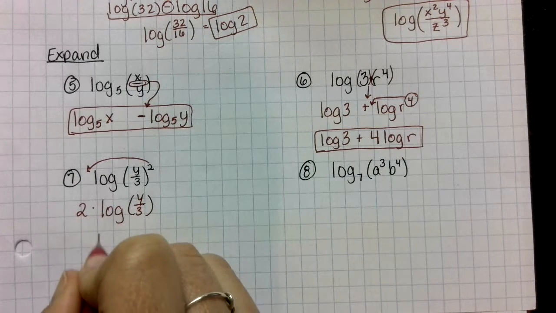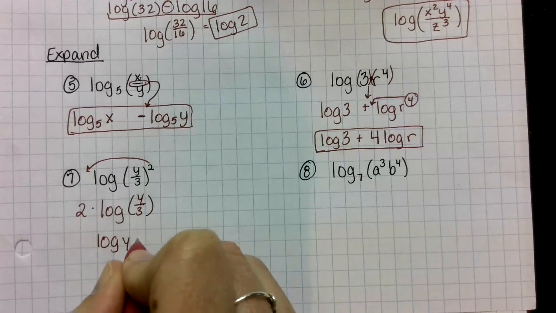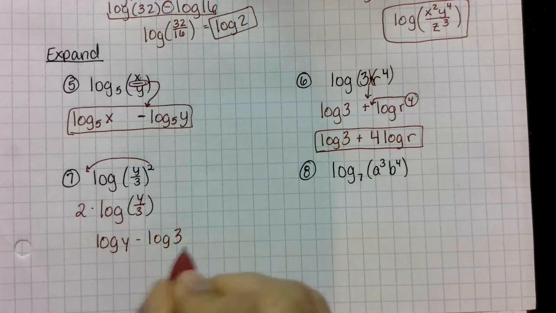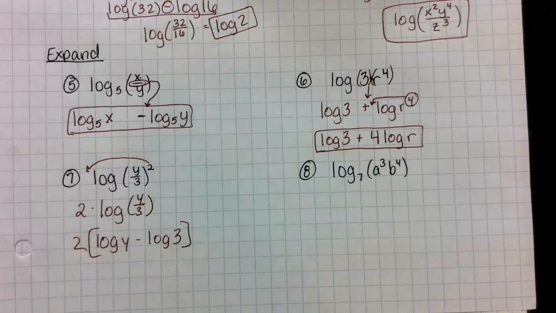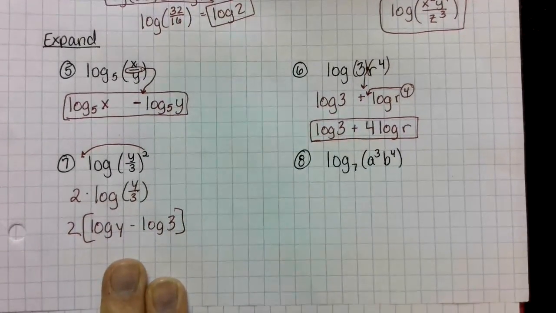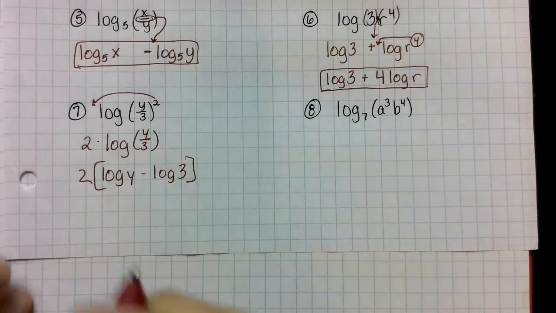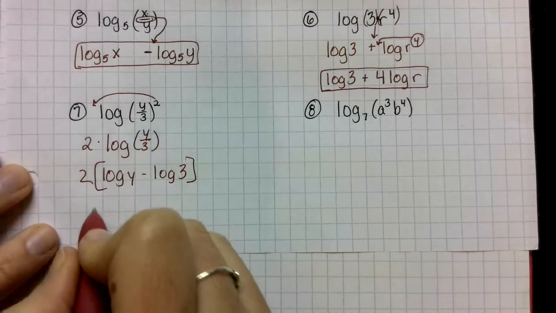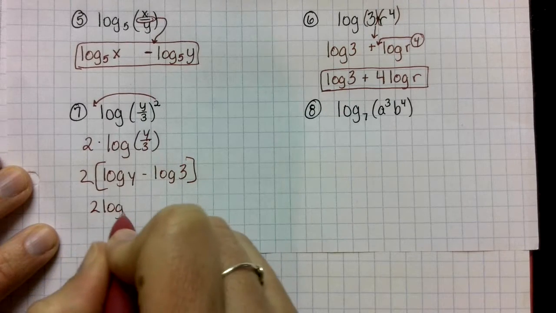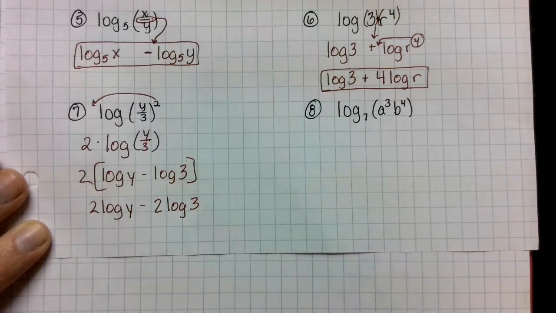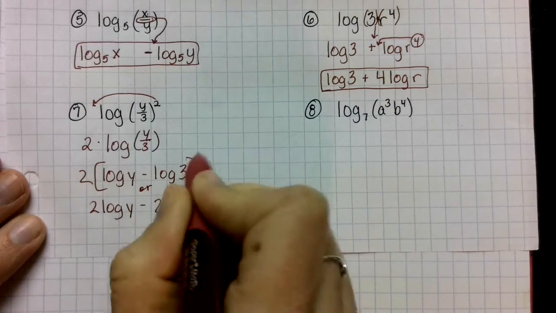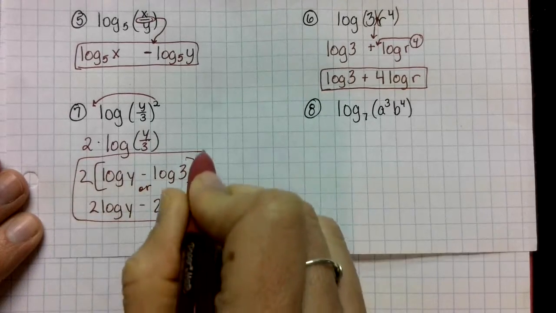Now, division tells me I'm going to subtract, so I'm going to have log of y minus log of 3. And remember, the 2 is being multiplied by the whole thing. So I can call it 2 times log of y minus log of 3. Or if I want, I could distribute that 2 and call it 2 log of y minus 2 log of 3. So either one of these are perfectly fine, acceptable answers.